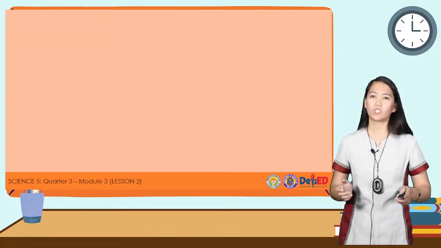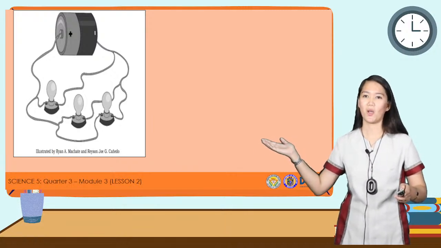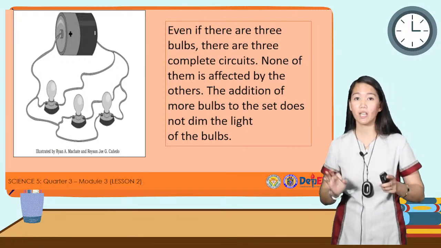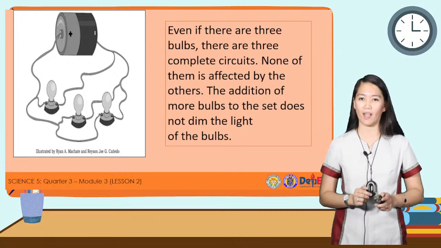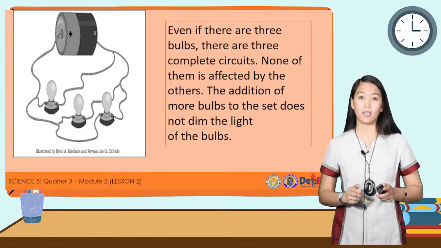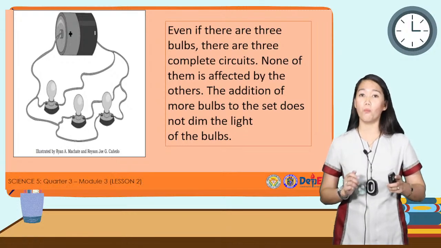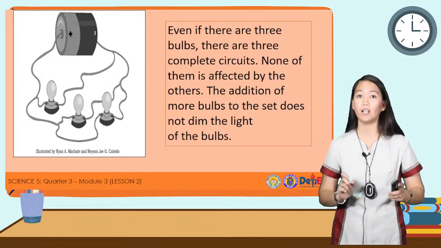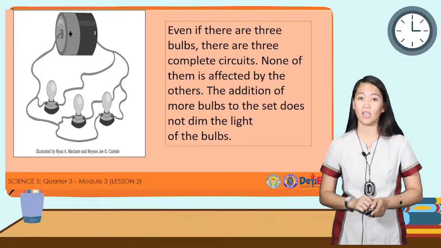Just like this illustration. As you can see, even if there are 3 bulbs, there are 3 complete circuits, right? None of them is affected by the others. The addition of more bulbs to the set does not dim the light of the bulbs; it is not being affected.